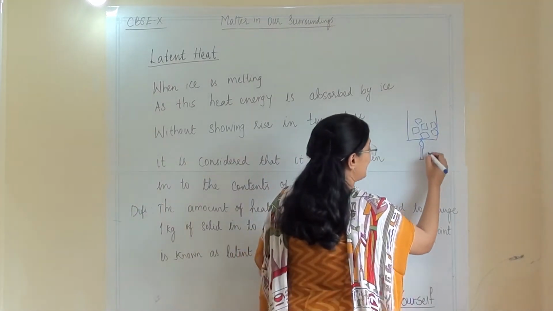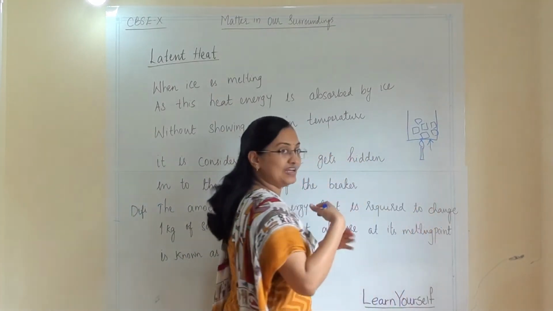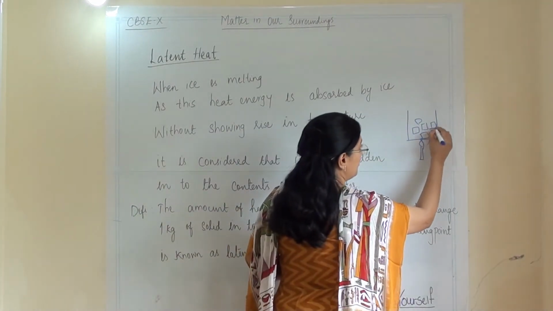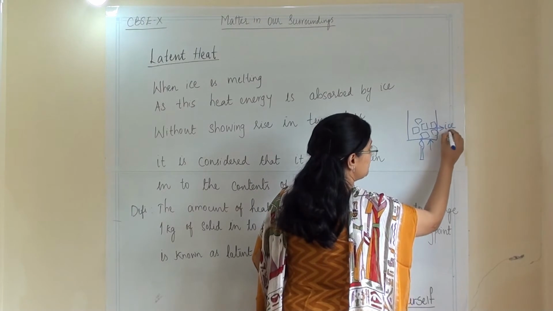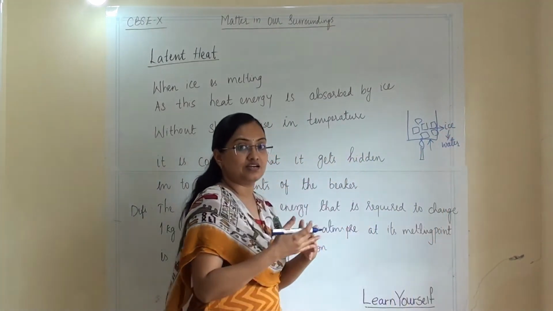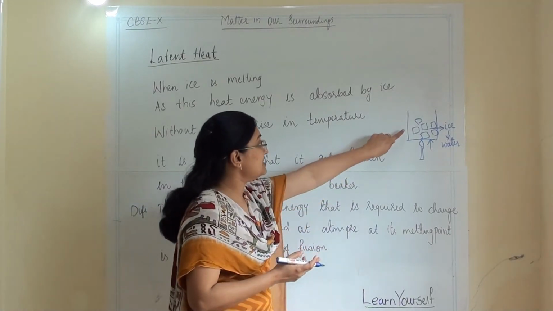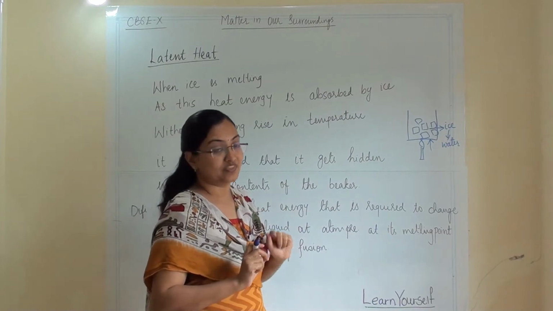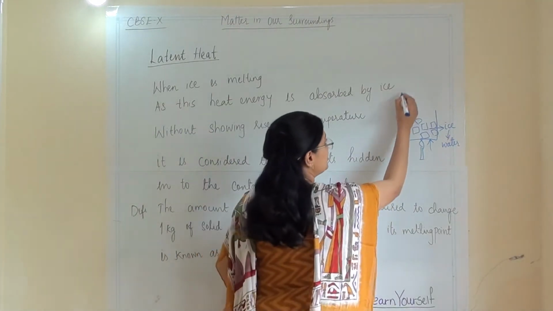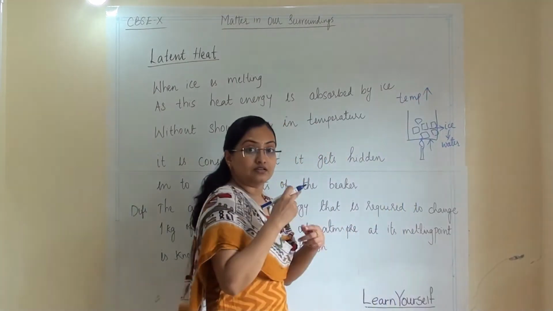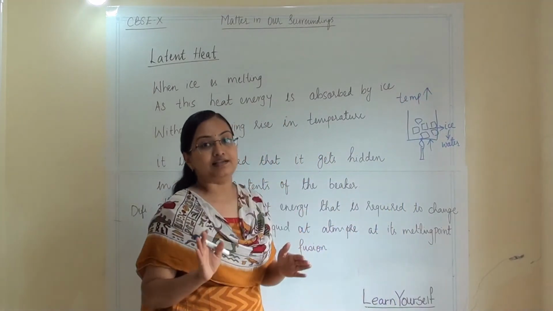While I am giving energy, the ice becomes water, and at a certain point the thermometer will not show any change. That means the temperature will rise until the ice starts melting.